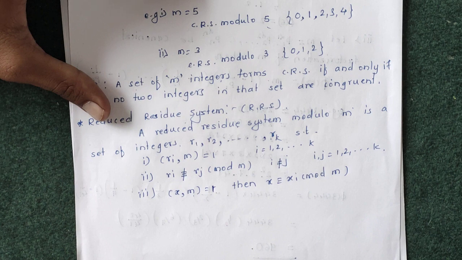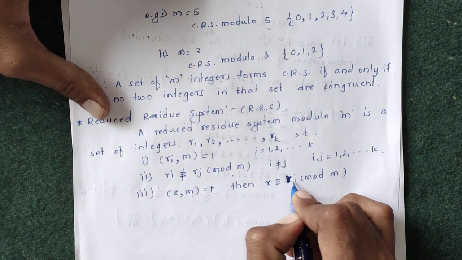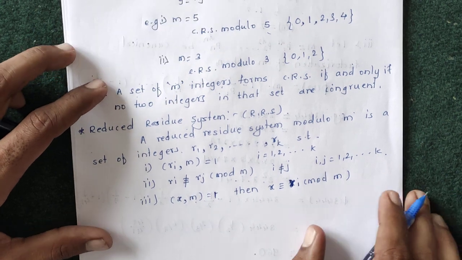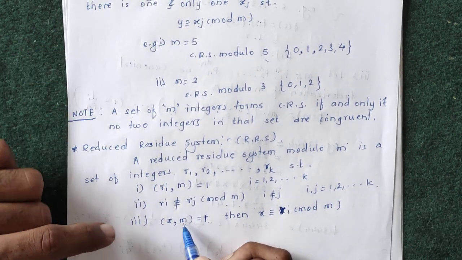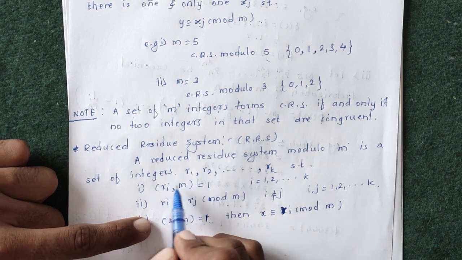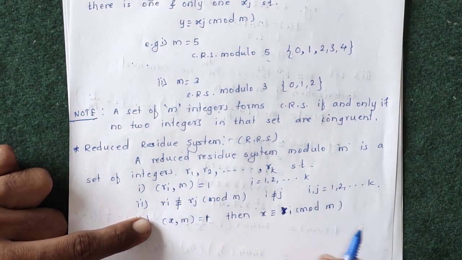Any integer which is relatively prime to m must have its residue among r1 to rk.